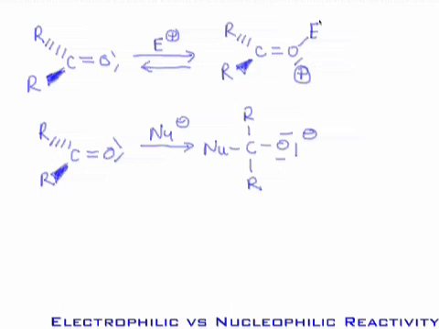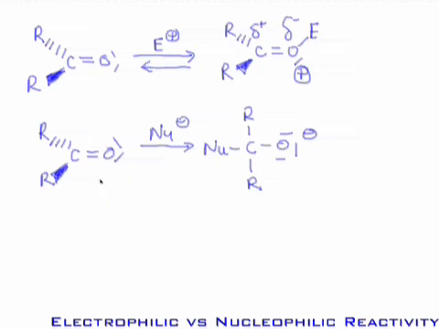Having said that, you should note that electrophilic attack, by putting the positive charge temporarily on oxygen, would make oxygen more electronegative, more delta minus here, as it sucks electrons from carbon. That would put more delta plus on carbon. Attaching an electrophile to the oxygen might make carbon more susceptible to nucleophilic attack.